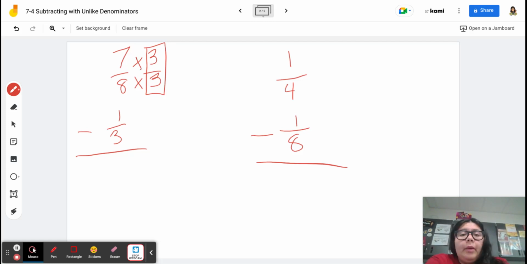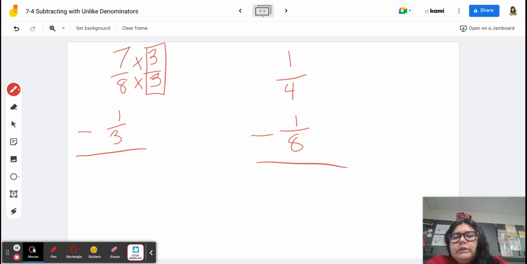Anything multiplied by 1 is going to be itself. I know that 52 times 1 will be 52, 36 times 1 will be 36. So I'm looking for an equivalent fraction that will have a common denominator. I'm not changing the number that I'm working with. I'm just making it look a different way with a different denominator so that I can subtract those same parts.